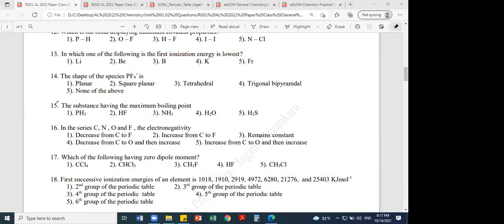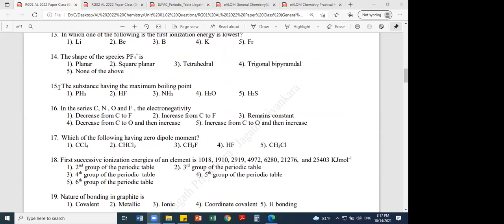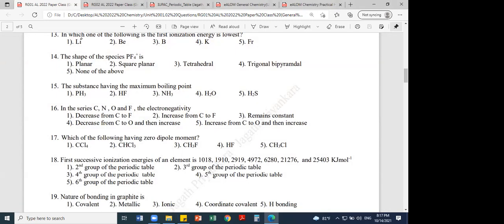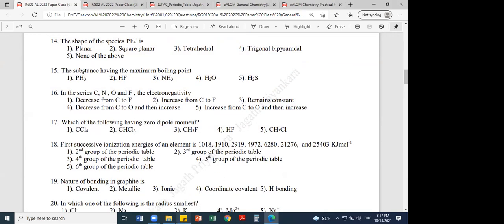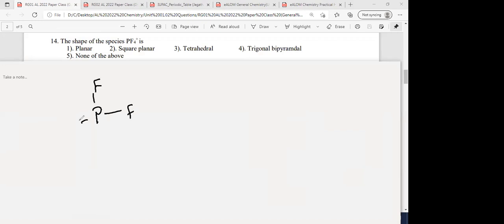Shape of the PF4 plus. If you take PF4 plus, can you quickly post the answer to the chat? Around phosphorus there are 4 fluorine atoms, so there are no lone pairs.